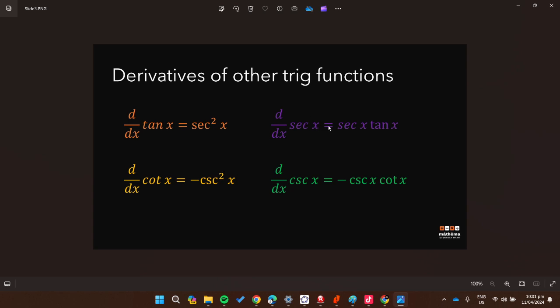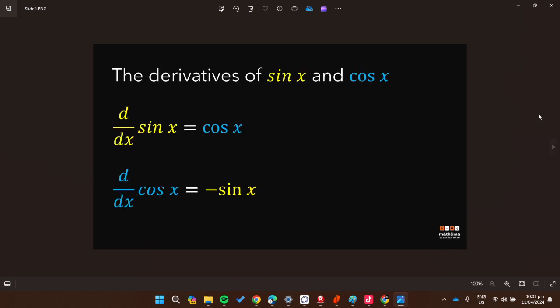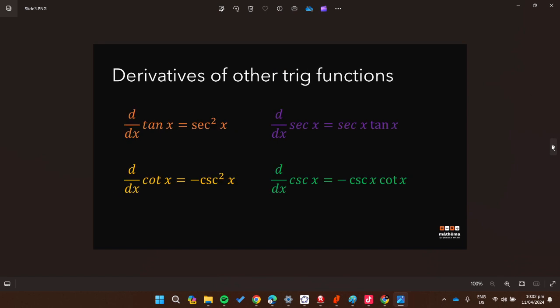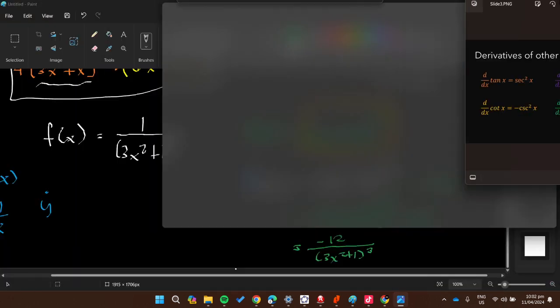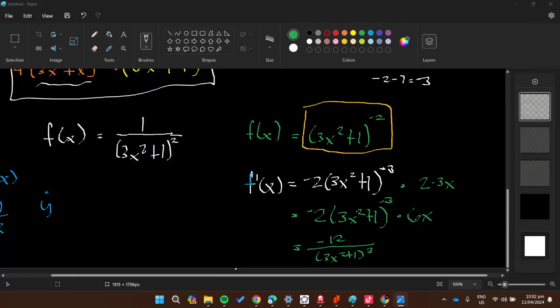Secant gives us secant tangent. Cosecant gives us negative cosecant cot. If you can, take a screenshot of this so that you will be guided as we solve the different trig functions applying chain rule. Then we are going to have our exercises.